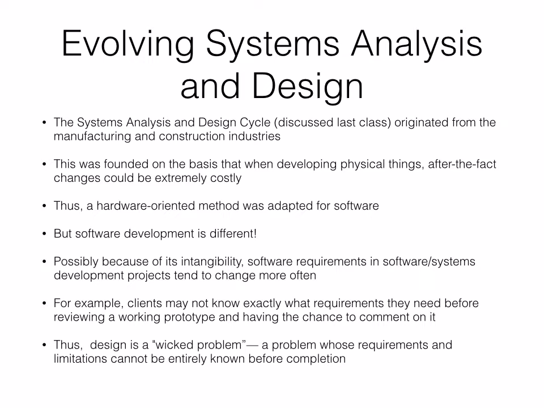You could also make the same case that this is the way that hardware could work as well. But since historically things have been so costly, development processes haven't necessarily worked like that. So I'm going to use a term that we've used in previous classes with respect to design, and that is that design is a wicked problem, a problem whose requirements and limitations cannot be entirely known before completion.